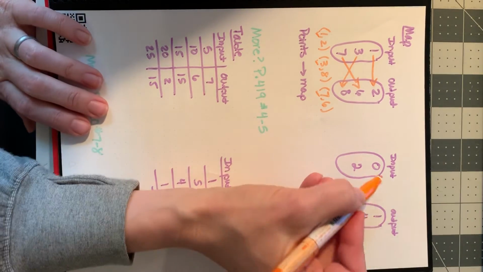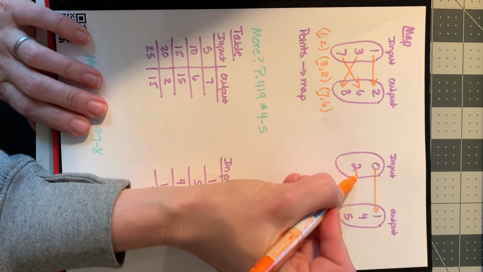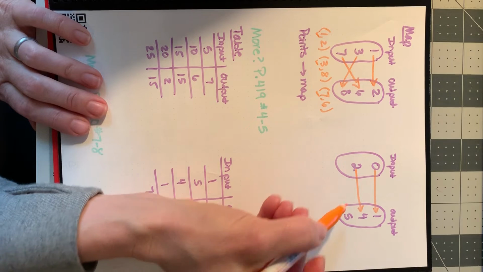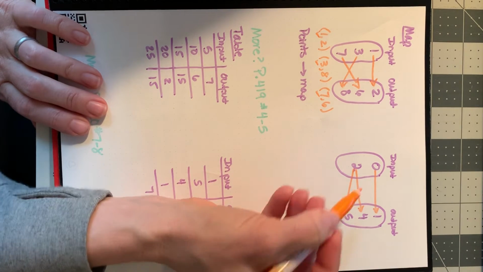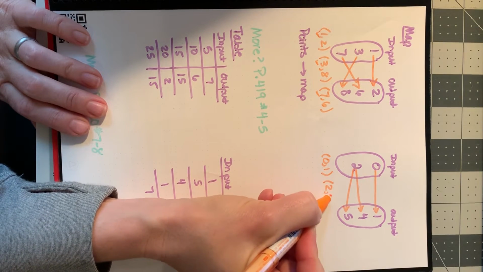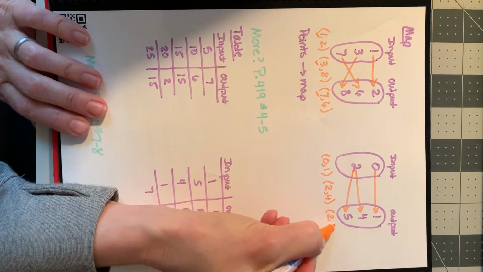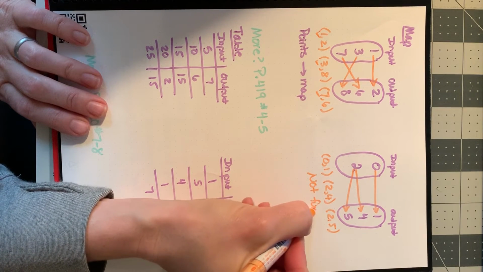Whereas over here, the 0 is going to be matched to the 1, the 2 is matched to the 4, but the 2 is also matched to the 5. We can test this with points, 0, 1, 2, 4, and 2, 5, and we can see that this is not a function.